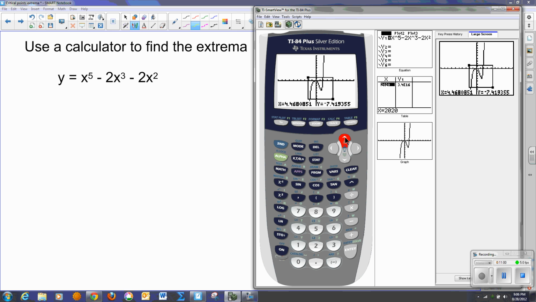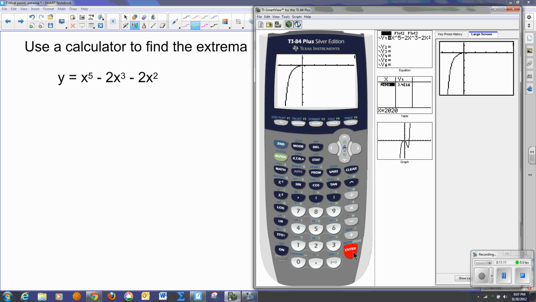A little too far down. All right, now if I hit enter, I'm going to blow up that area in this box. And there we go. And it should be pretty easy to calculate. These are both relative maximums and relative minimums because the graph continues to rise and continues to fall.